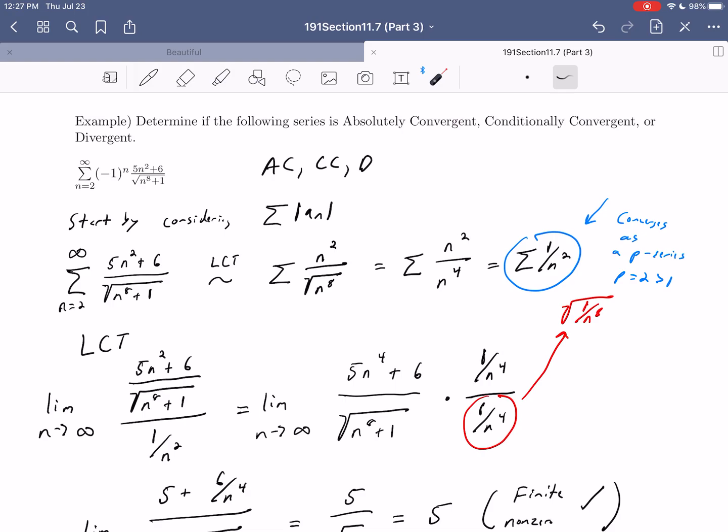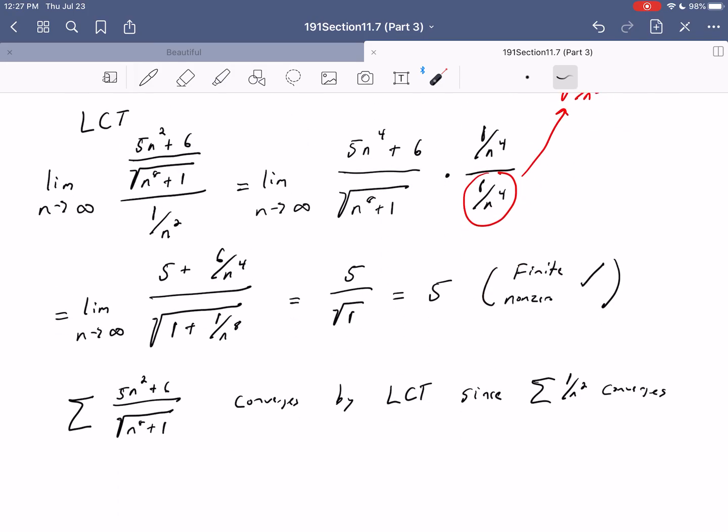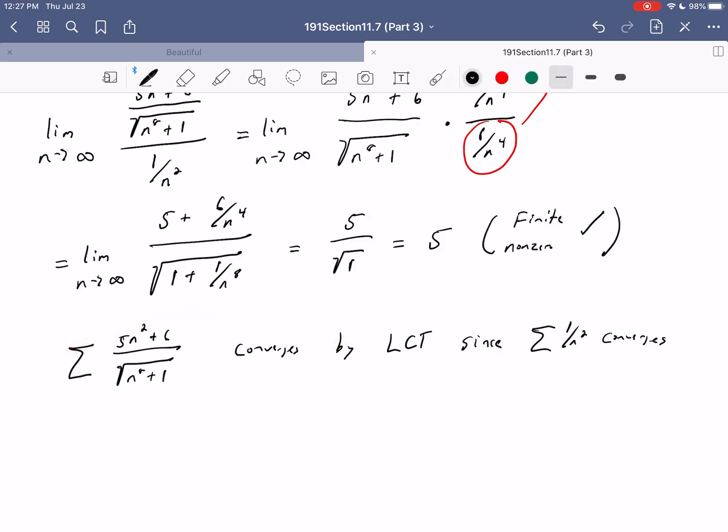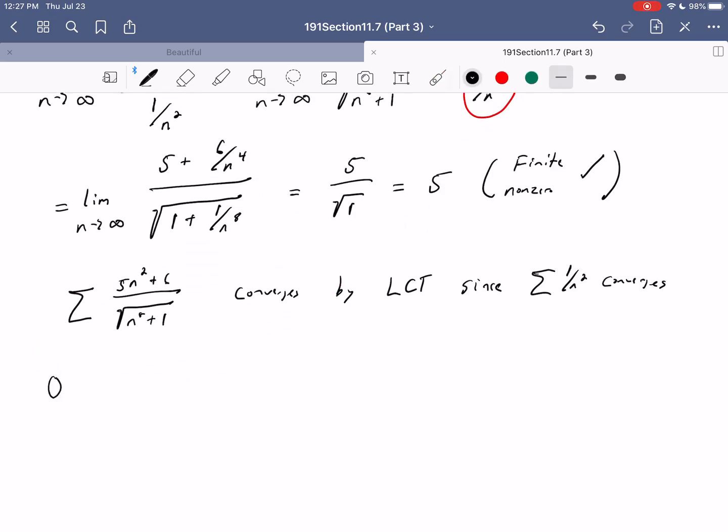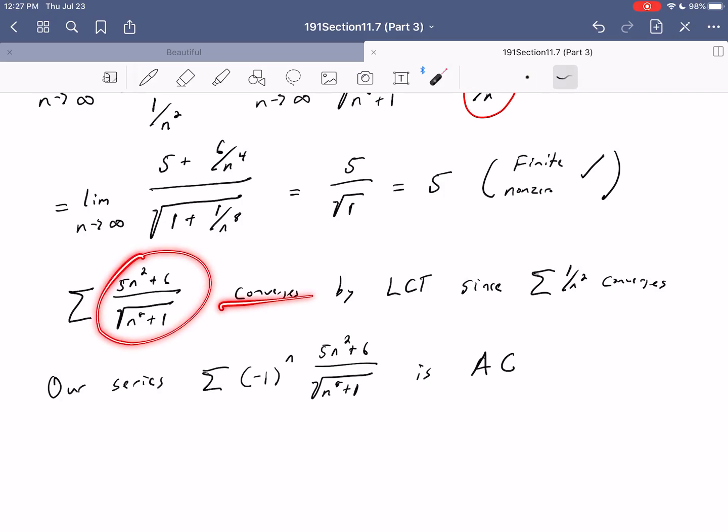Well, we can look back. Our series had that minus 1 to the n in it, so we put it in absolute value, and we showed that it converges. That means our series, the sum of minus 1 to the n times 5n squared plus 6 over the square root of n to the 8th plus 1, is absolutely convergent, because when we put it in absolute value, it still converges.